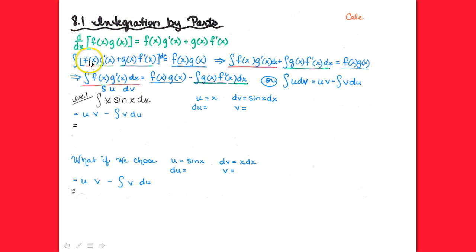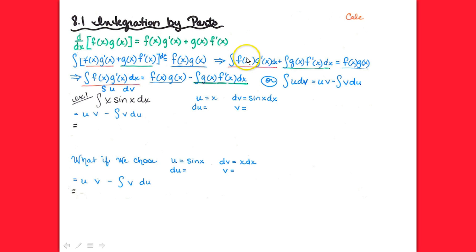So the integration of first times derivative of second plus second times derivative of first is going to be that original product. Just so that we can keep up with this a little easier, I've color-coded the different pieces of what we've got right now. We've got one piece in red, one piece in green, and one piece in blue. This is the integration of two separate pieces that are being added.